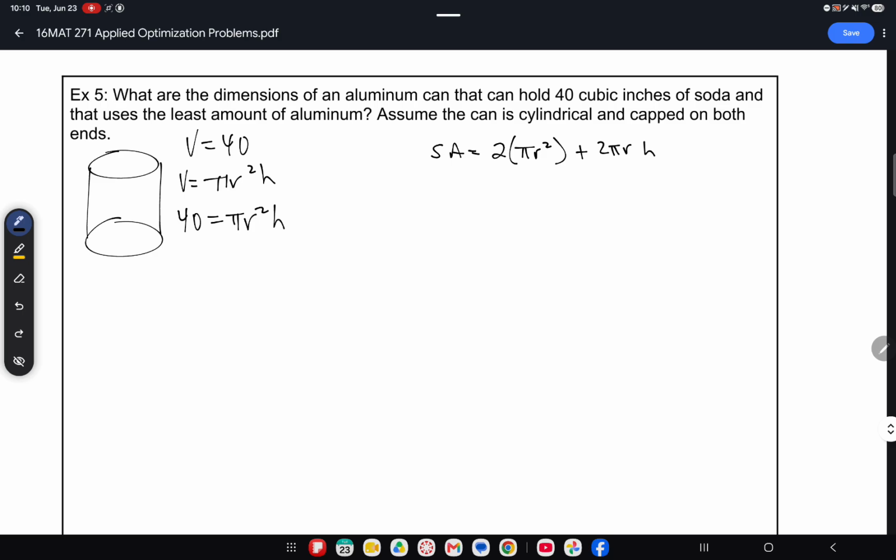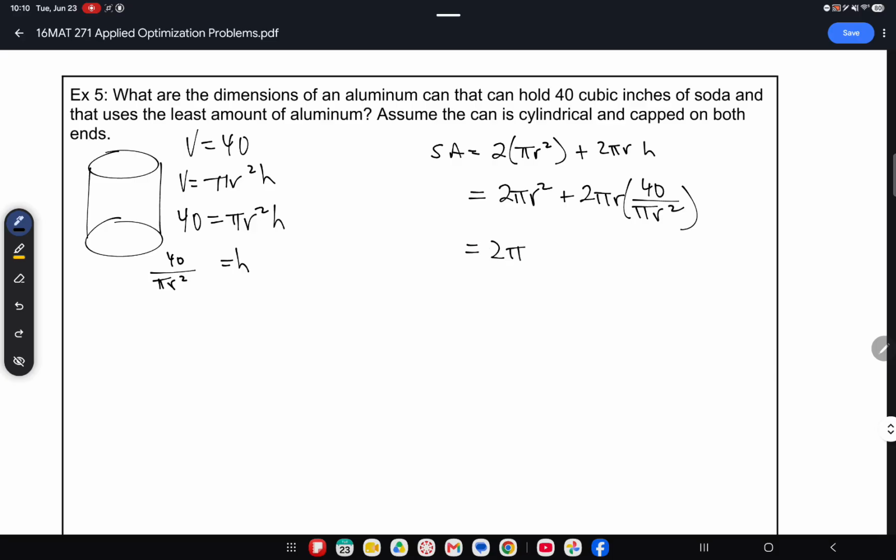So let's probably solve this equation for h. I think that'll be a little easier than to have square roots everywhere. So the height is going to be 40 over pi r squared. So that my surface area is going to be 2 pi r squared plus 2 pi r times the height, which is now 40 over pi r squared.